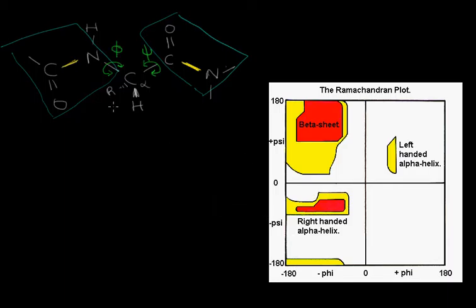Depending on the identity of the R group, is it big and bulky? Is it small? That's going to change the angles here. Each amino acid has its own phi and psi angles that it's allowed to be in before steric hindrance occurs. Based on those phi and psi angles and the patterns, with psi here, so this is positive psi, negative psi, we can make a Ramachandran plot.